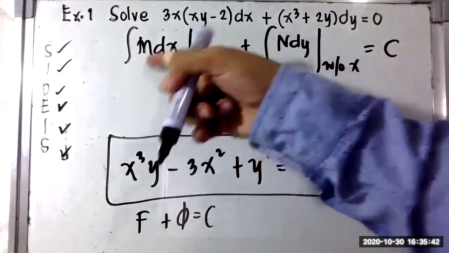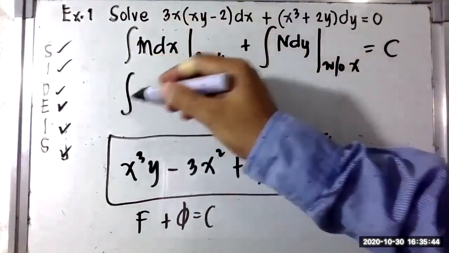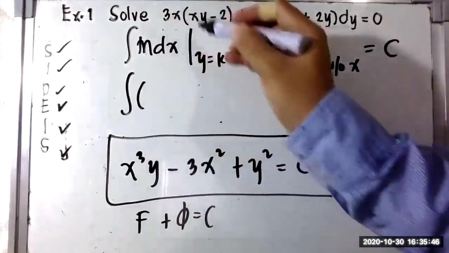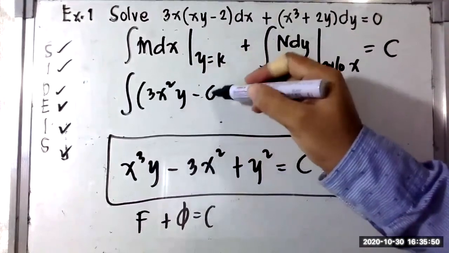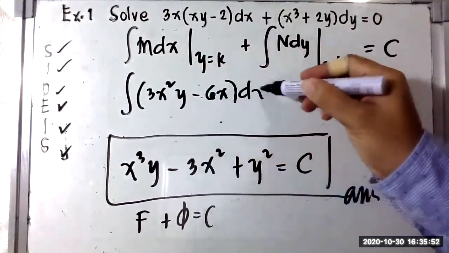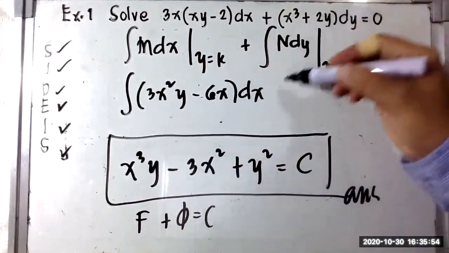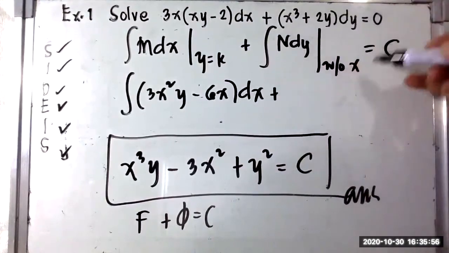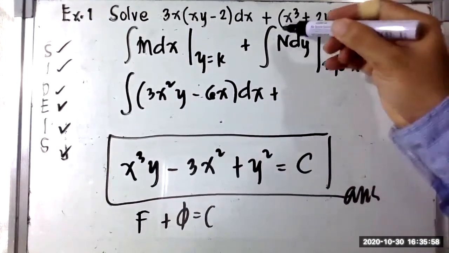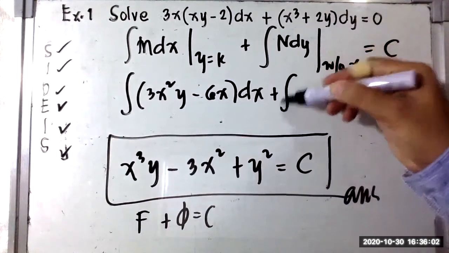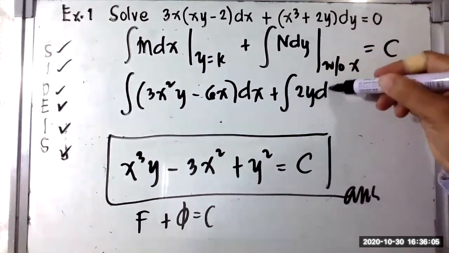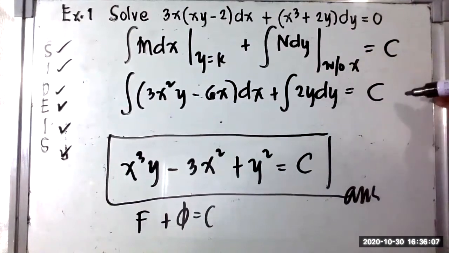So here you have the integral of, distribute this 3x, 3x squared y minus 6x times dx. For this one, without x, the first term will be eliminated. The second term is a pure function of y, so just integrate that: 2y dy equal to c.